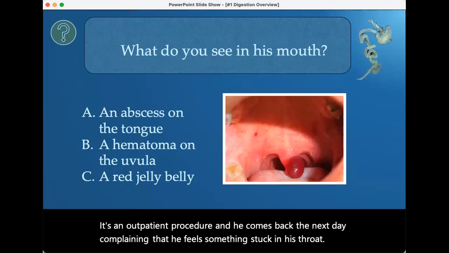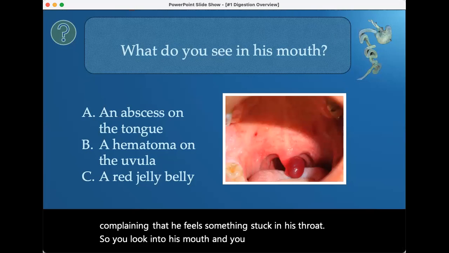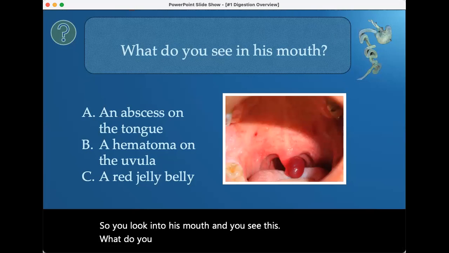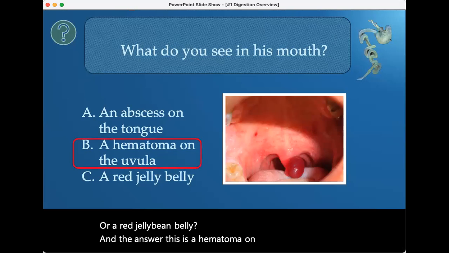So you look into his mouth and you see this. What do you think that is? Is it an abscess on the tongue, a hematoma on the uvula, or a red jelly belly? The answer, this is a hematoma on the uvula.